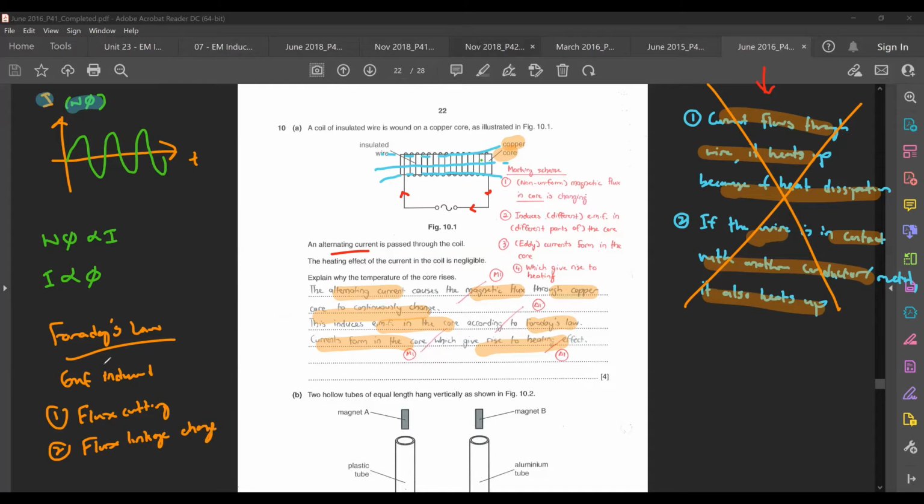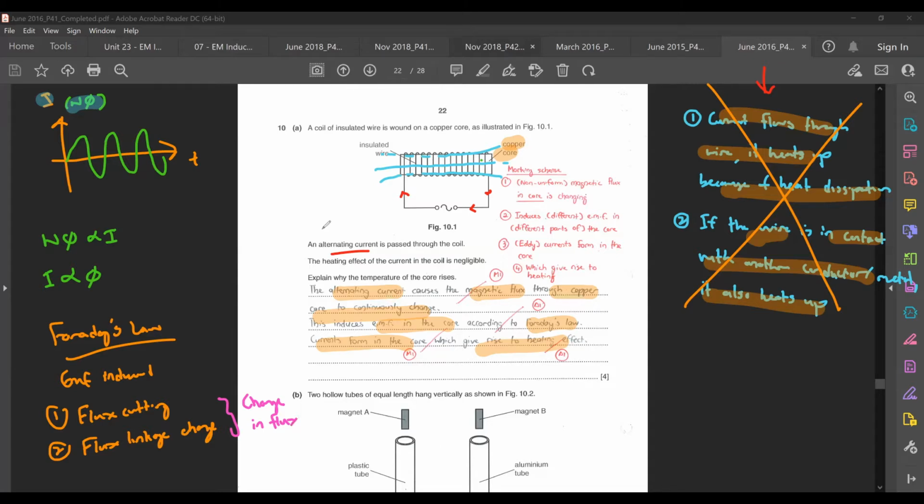So in the previous lessons, I told you that Faraday's law is where you have EMF induced either through flux cutting or flux linkage change. Sometimes this can be generalized as just this. When you have a change in flux, as long as something experiences a change in flux, you're going to have EMF induced.